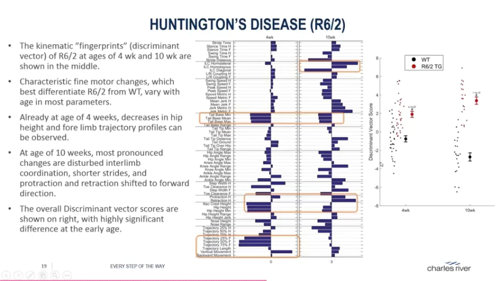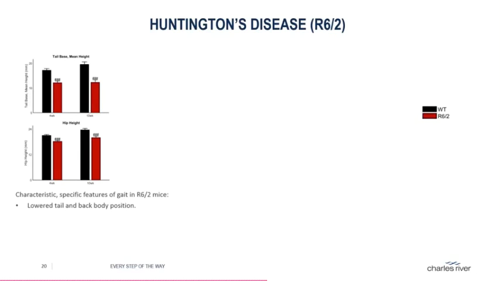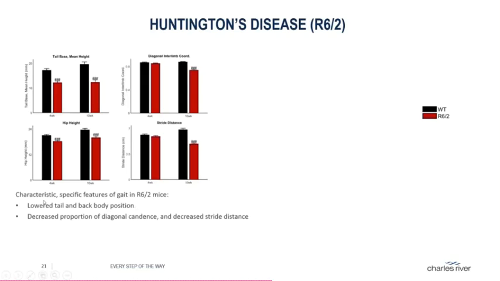Then here we present a few pairs of individual parameters which show very characteristic changes in the R62 mice. And there appears to be a link between the 2 parameters. Lower tail and back body posture during gait can be observed already at 4 weeks of age.